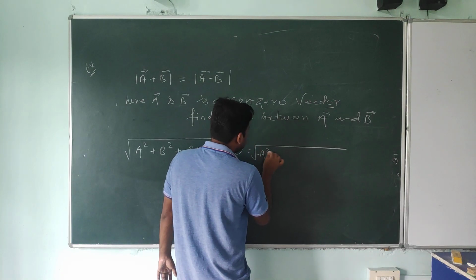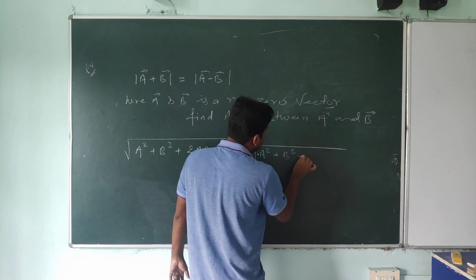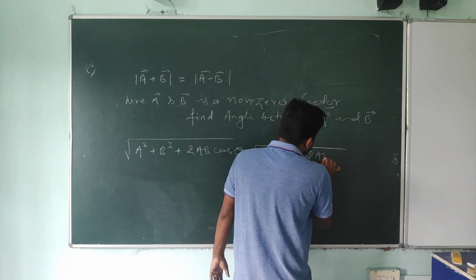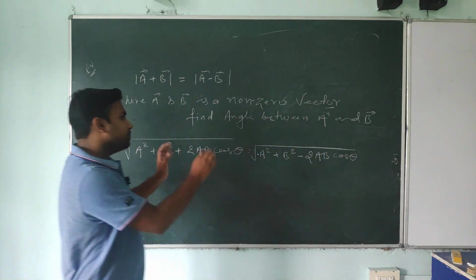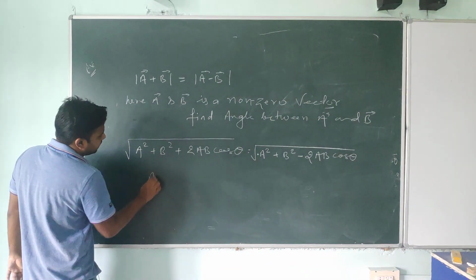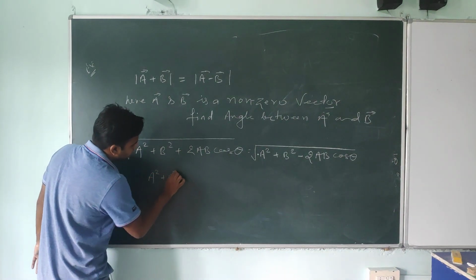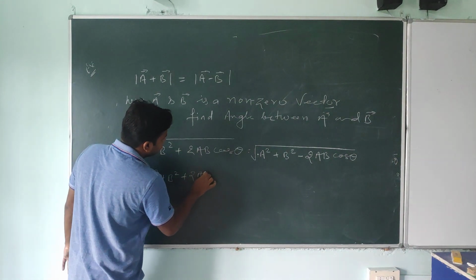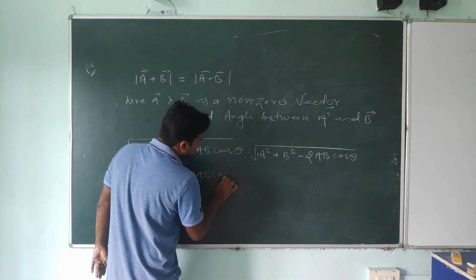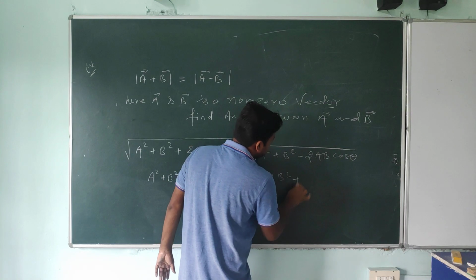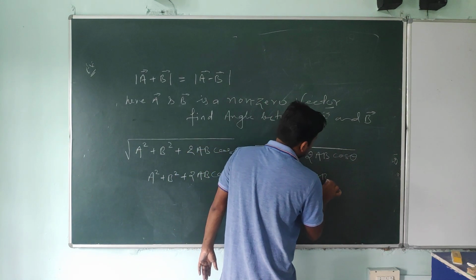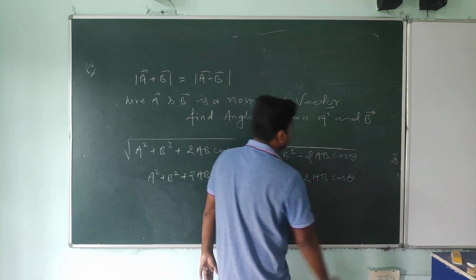And the magnitude of this part is root under A square plus B square minus 2AB cos theta. Now if you take the square on both sides, what do you get? A square plus B square plus 2AB cos theta is equal to A square plus B square minus 2AB cos theta.